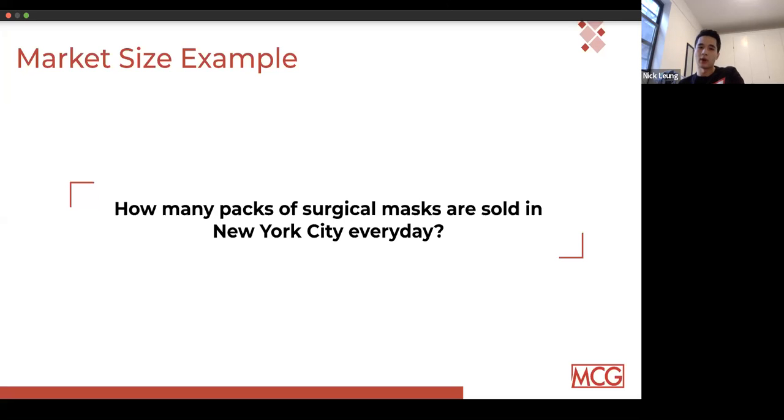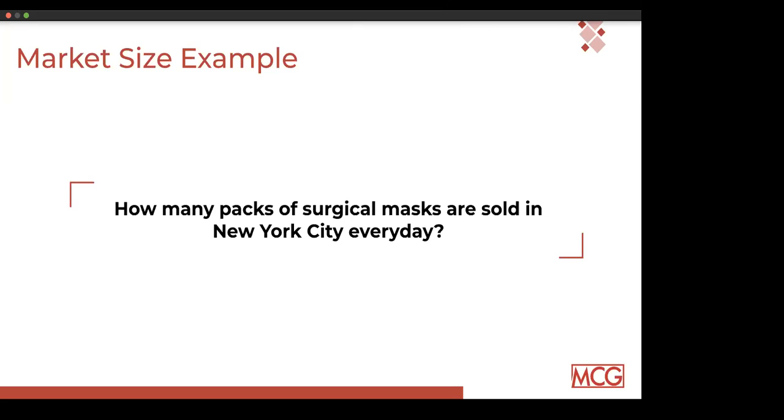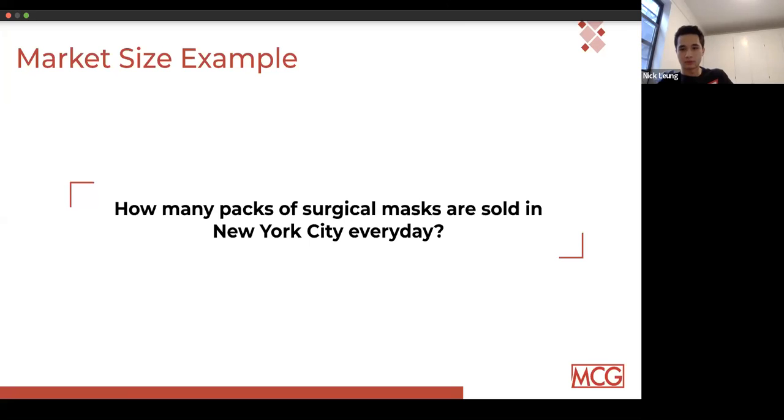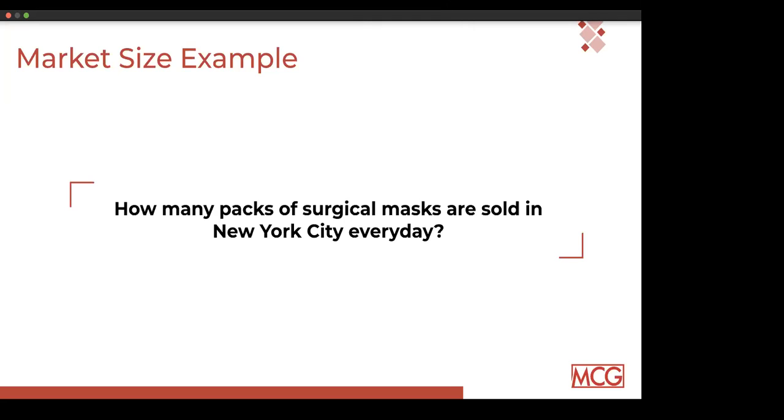So how would you figure that out? The number of surgical masks in one pack. And if we are assuming those are disposable masks, we wear one mask per day. So if we assume 10 masks in one pack, then one pack lasts for 10 days.